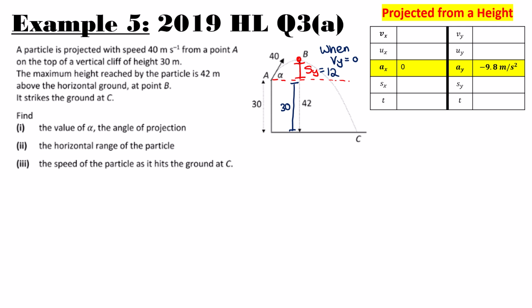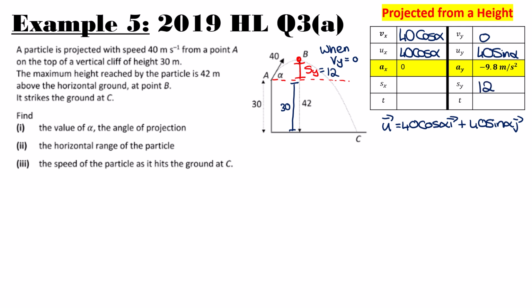So from point B, we're going to start with our initial velocity, that's u. So we have 40 cos alpha i plus 40 sine alpha j. That's 40 cos alpha here, 40 sine alpha here, and that is 40 cos alpha here, because at the particle's greatest height, at B, we know Vy is going to be 0, and we know that the displacement is going to give us 12.